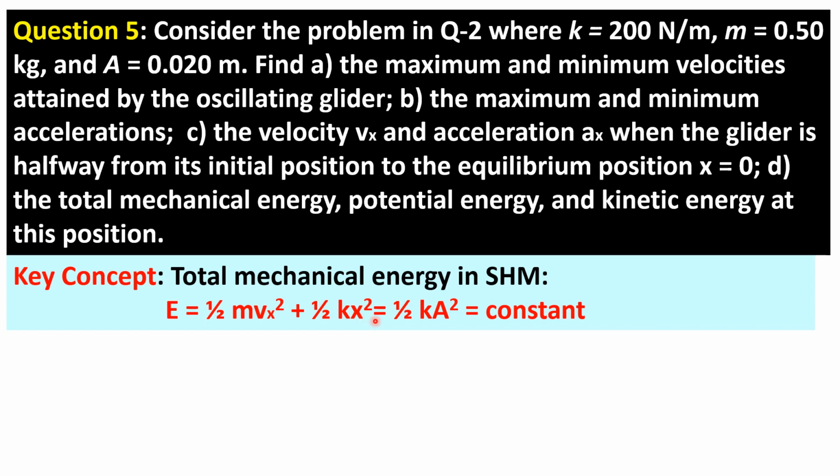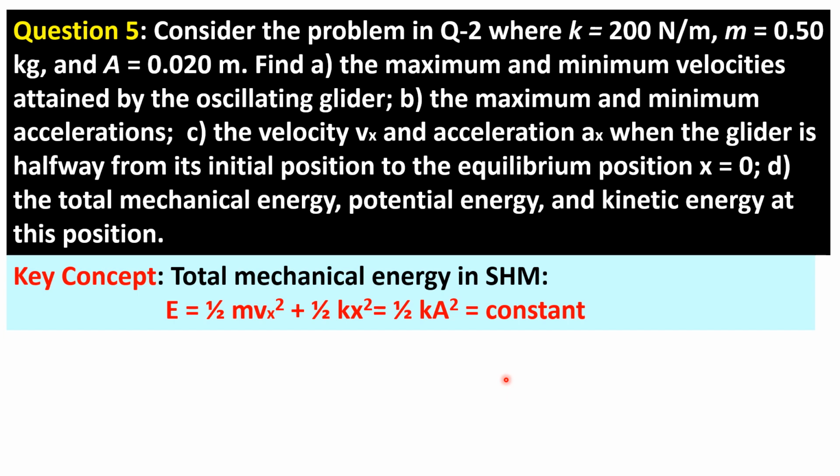And this can also be expressed as 1/2 k multiplied by the square of the amplitude. So this amount of mechanical energy is always constant at any position in the cycle.